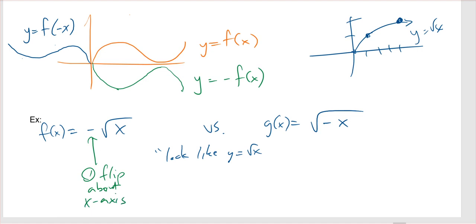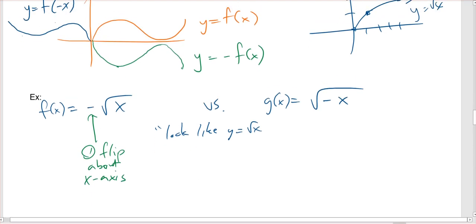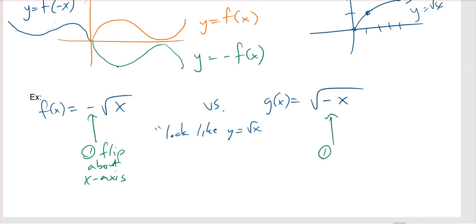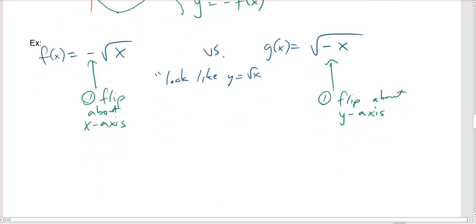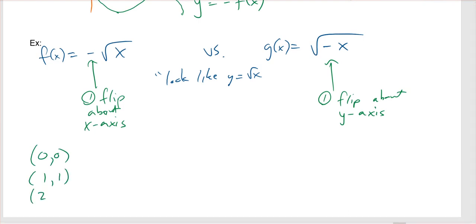If I make all of the y values of a function negative, it just flips it about the x-axis. This one, our transformation here, is making all the x values negative. So this is going to flip us about the y-axis. Okay, so both of these at the same time, we can do these both at the same time, right? So we would start at the same points, 0, 0, 1, 1, 4, 2.